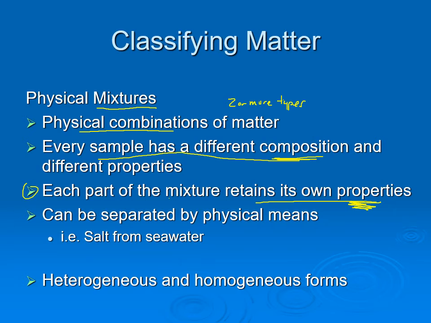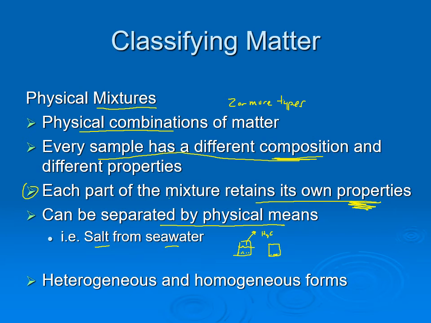Any part of a mixture can be separated by physical means. For example, getting the salt out of salt water is actually not all that hard. Basically, just take some salt water and simply evaporate the water. If you evaporate the water, the salt will stay behind, and you'll have an empty container with only salt. The water's lost.